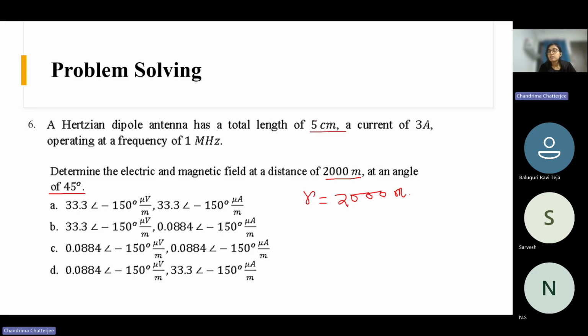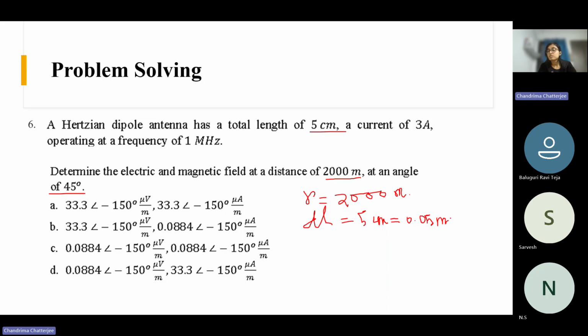So the length of the element, we were talking about the current element, is 5 centimeter. So that L is 5 centimeter, which is equal to 0.05 meter.